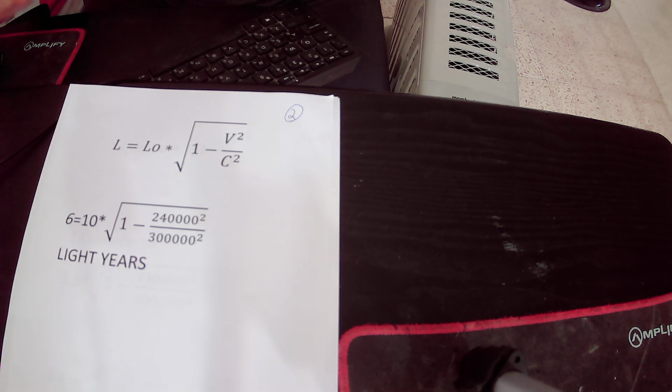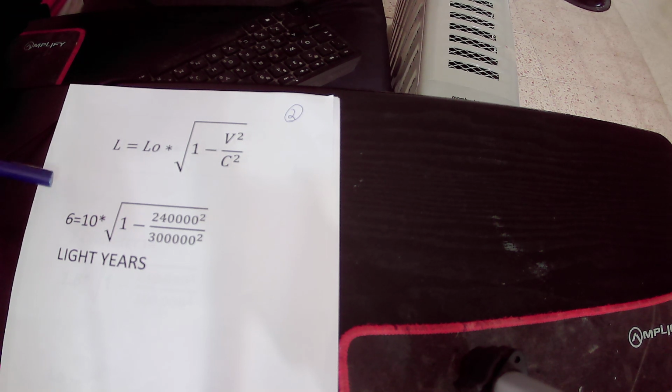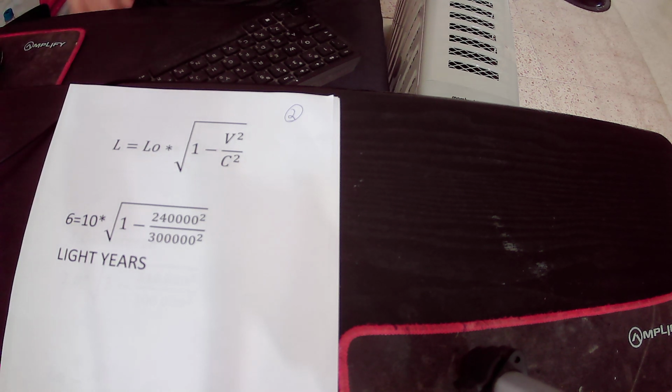Okay, so in our example, the distance from Earth to the star Epsilon shrinked from 10 light years to 6 light years only.